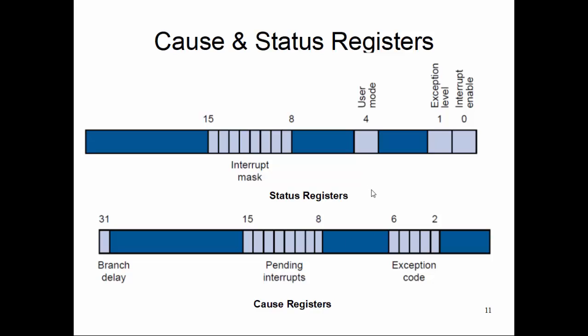Now come back to the status register. The user mode bit says whether I am in kernel mode or user program mode, and based on that some priority levels get assigned. Then the interrupt enable signal is another one of interest. If it is turned to 0, all the interrupts are disabled, no matter what the interrupt mask says.